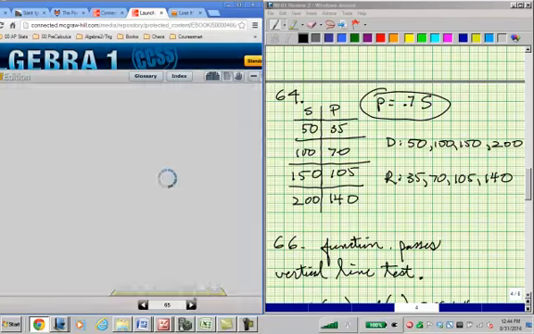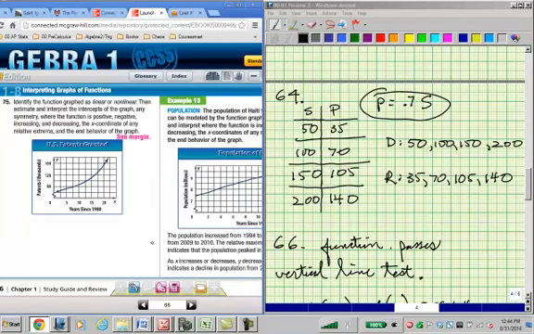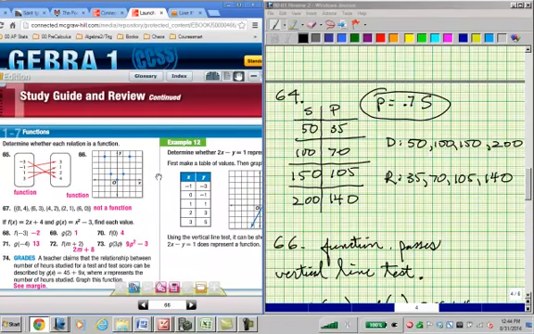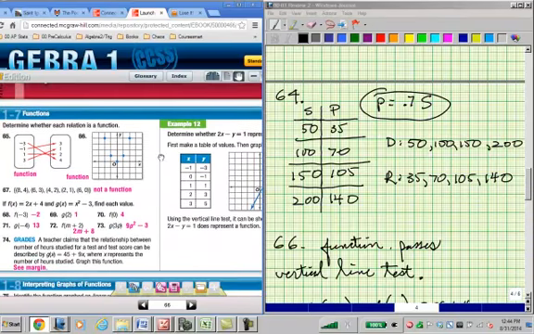Okay, next page. Go to the top. Is this a function? Well, you have 5 points: 1, 2, 3, 4, 5. If you run a vertical line through each one of those 5 points, the vertical line does not touch any of the other points.